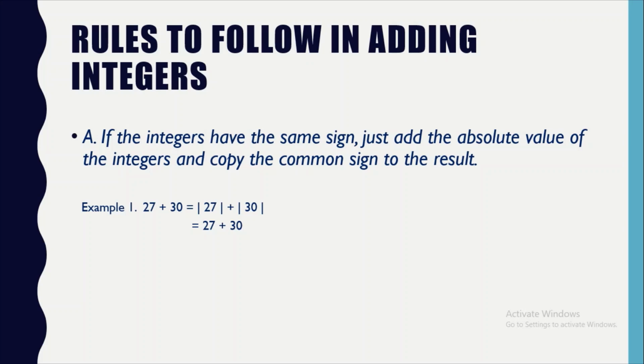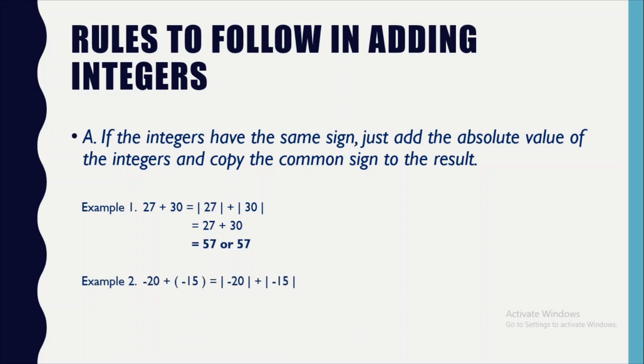And just add their absolute value. So 27 plus 30, that is 57. And after you get the sum, that is 57, just copy the common sign. And their common sign is positive. So therefore, 27 plus 30, that is positive 57.